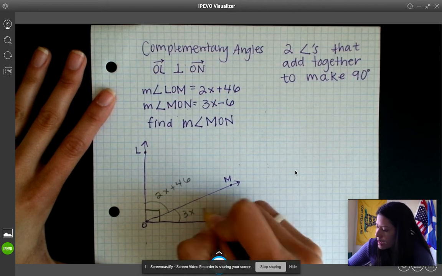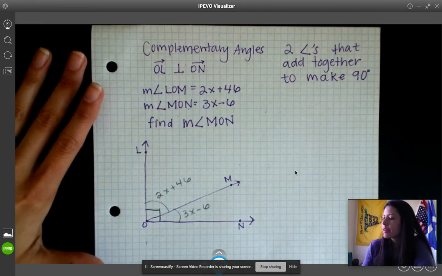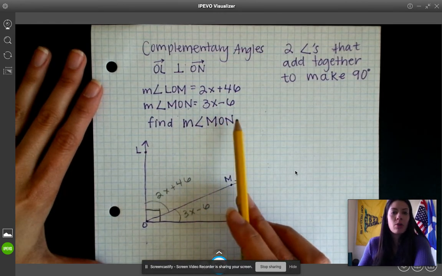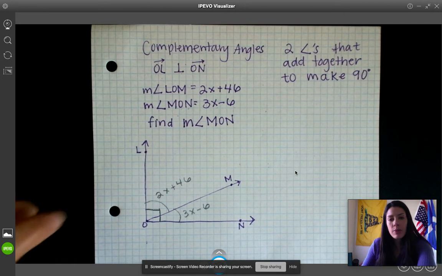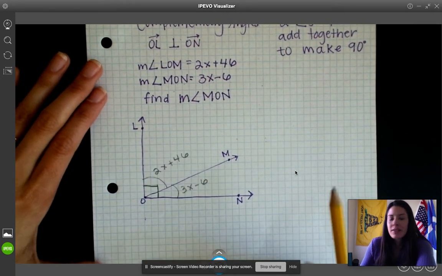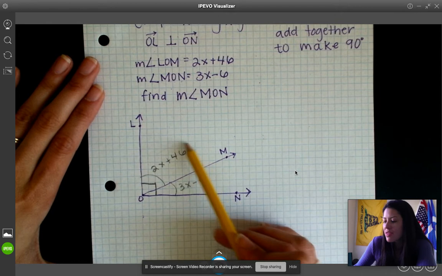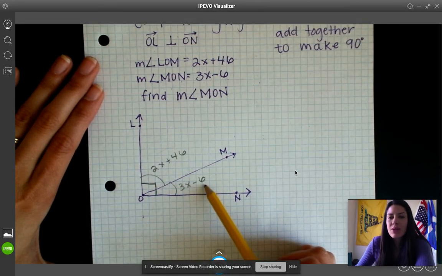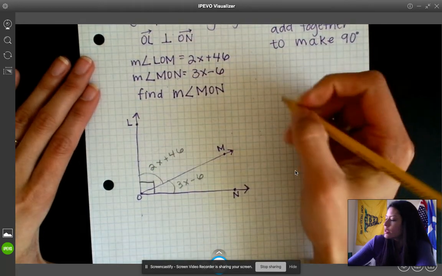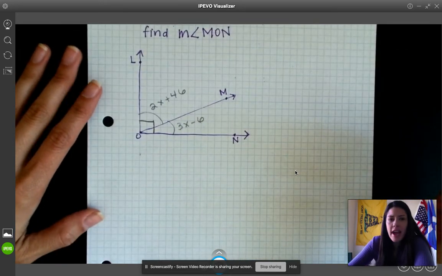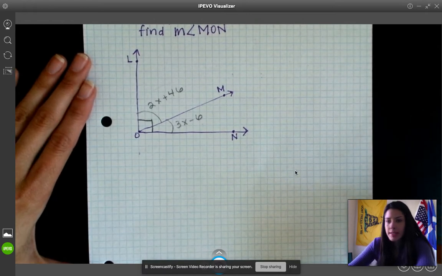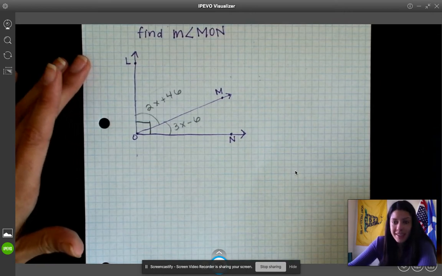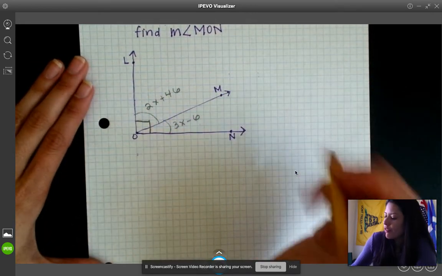Now it says to find the measure of angle MON. First thing we need to do: whatever this quantity is, when I add it to this quantity, it's going to equal 90 degrees. So if I add them together and set it equal to 90 degrees, I should be able to figure out what x is. So I'm going to solve for x first.